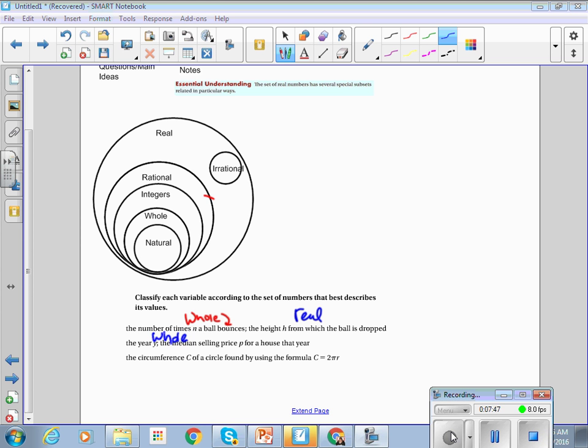Price? I actually have a question. Okay, I would say the selling price would have to be, because we have to stop at the penny, right? Do we stop at the penny? What do you guys think? So I'm going to say rational.